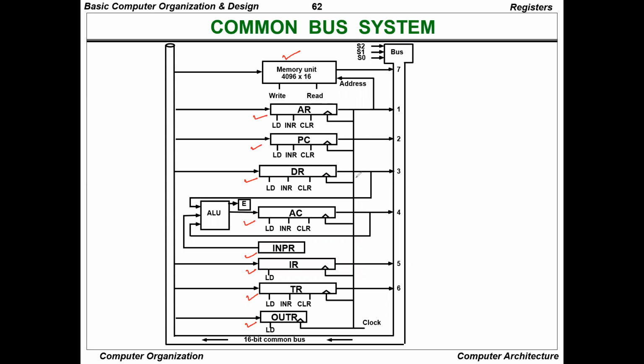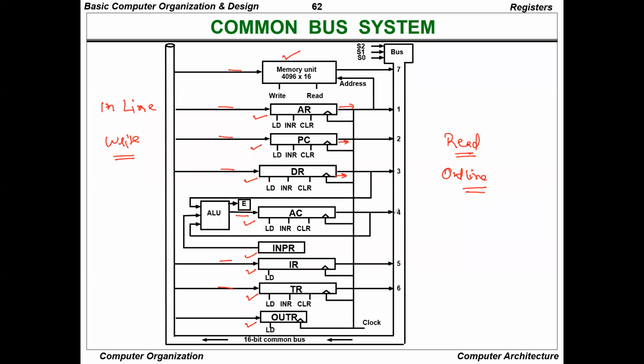From all these registers you can see there is one line going out. This is called the outline, from where data is read, and this is called the inline. This also goes into every register and memory, and this is called the inline, in which we perform the write operation.